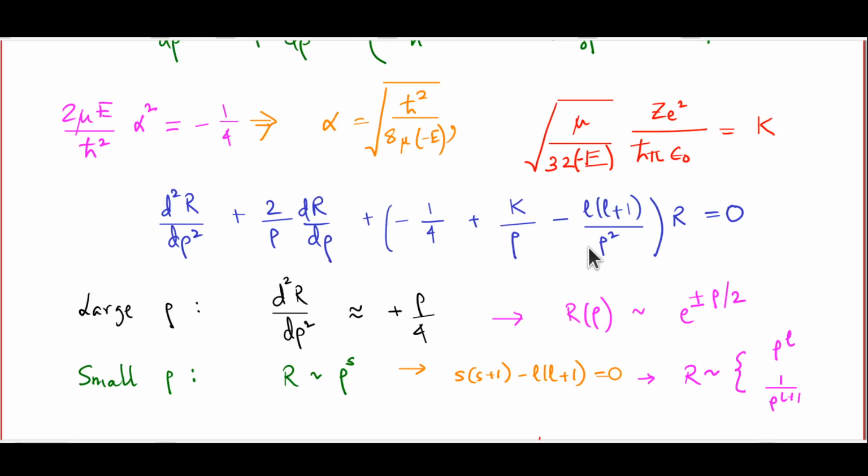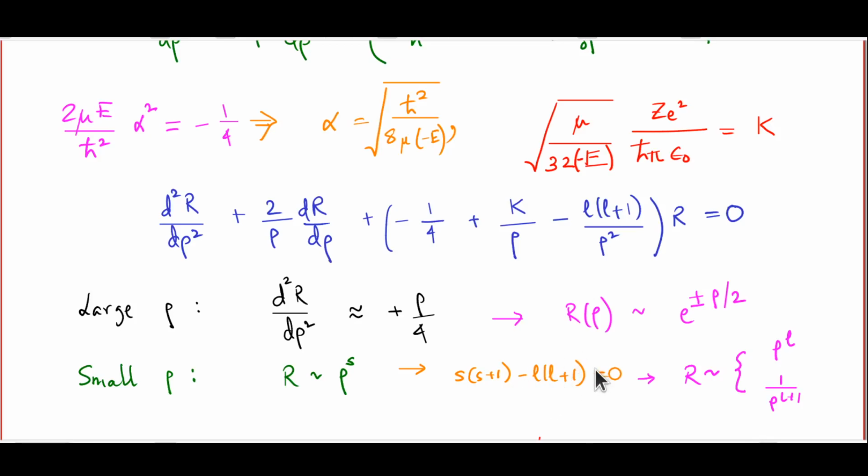So lowest power can come from this term, and this term. If you take the coefficients together, this will give you s into s minus 1. This will give you 2 times s from the derivative. And this, of course, gives you minus L into L plus 1. The 3 put together gives you this indicial equation. The equation which tells you the dominant behavior of R as rho becomes very small.